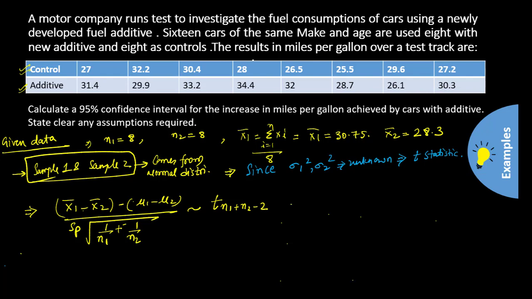And we know that Sp square is equal to (n1 minus 1) s1 square plus (n2 minus 1) s2 square divided by n1 plus n2 minus 2.